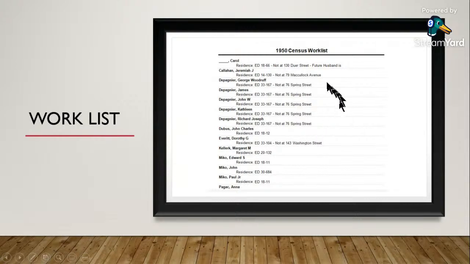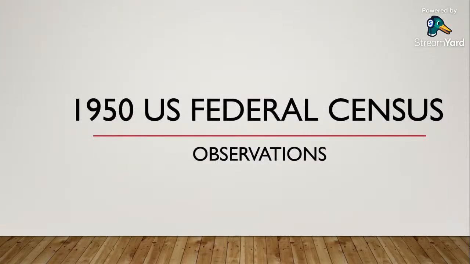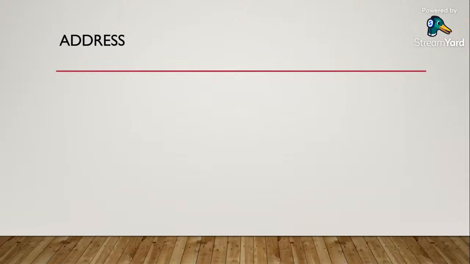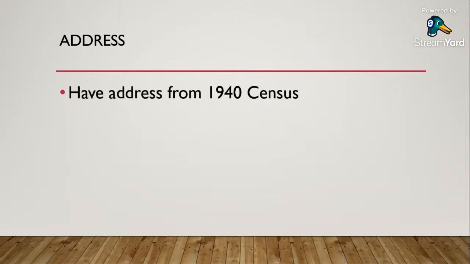But here's a group, for an example, that were not at 76 Spring Street. So I'm going to now focus on 76 Spring Street to see what's going on. I started with the address, and I got that address from the 1940 census.